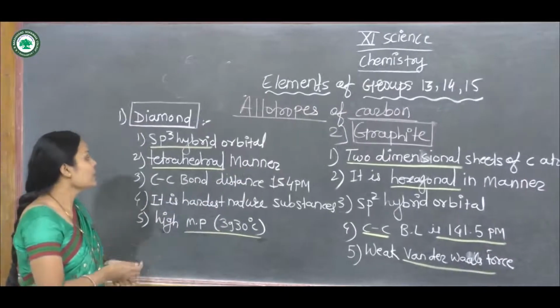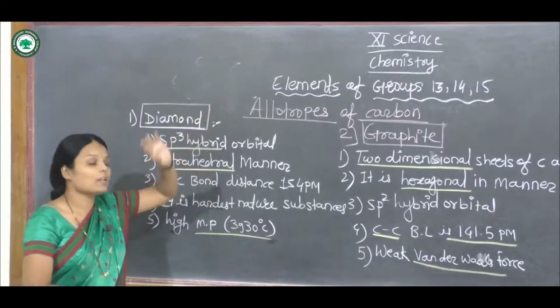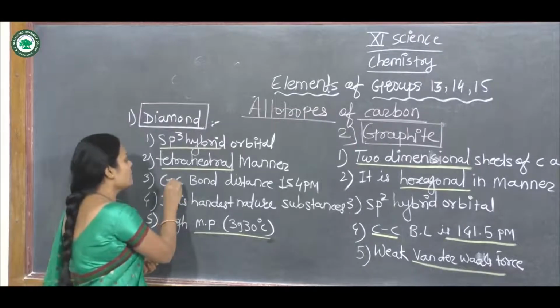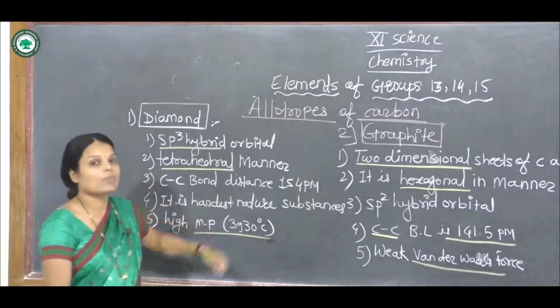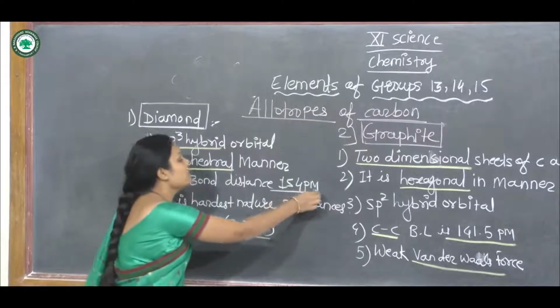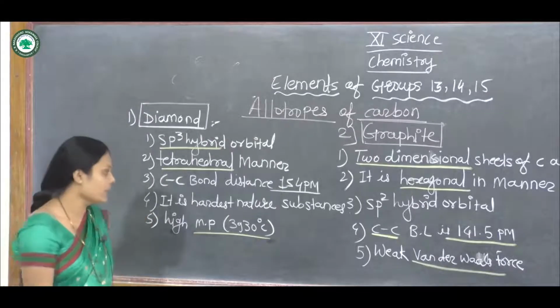Then diamond has carbon-carbon bonds. Here the carbon-carbon bonds are attached to each other, and the distance of the bond is 154 picometer. Here pm means picometer, and this is the bond length. Diamond is the hardest natural substance.